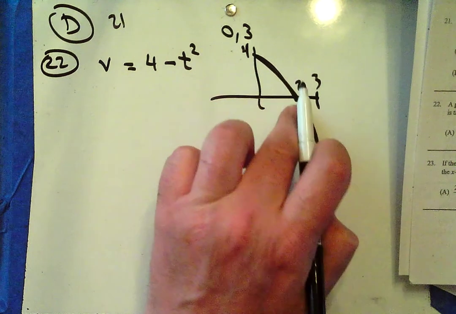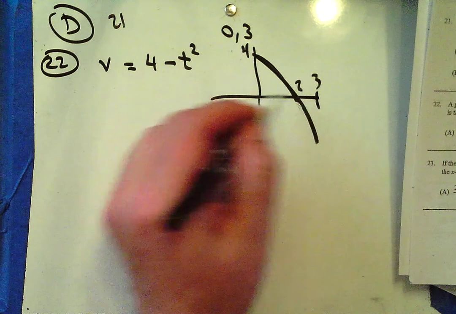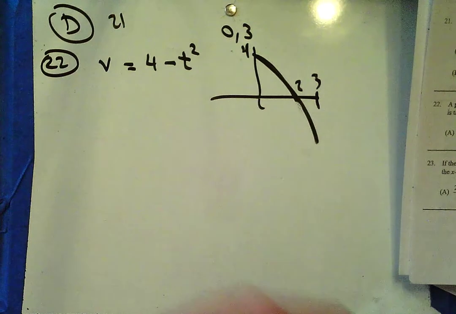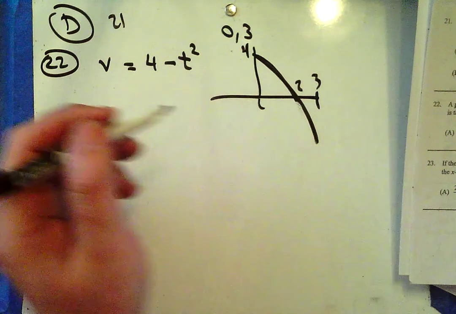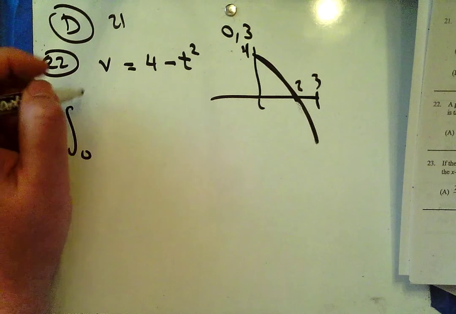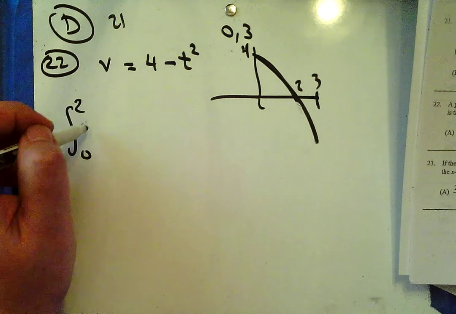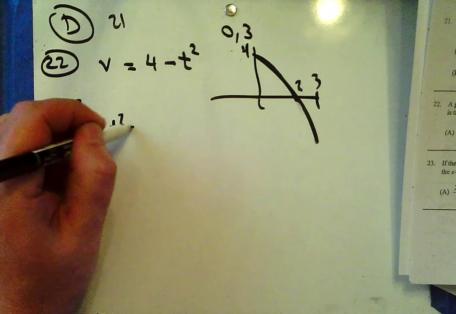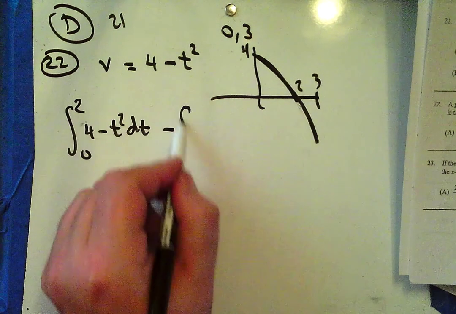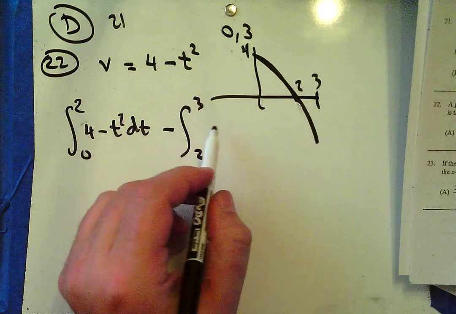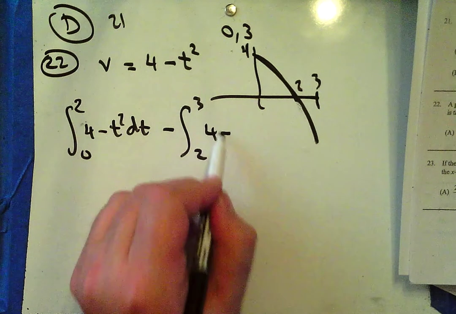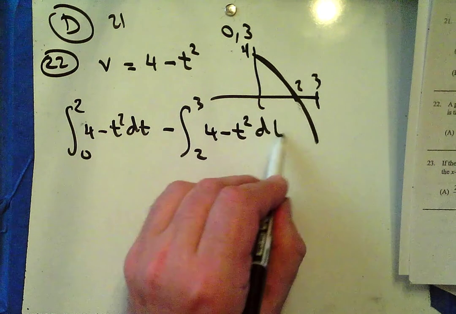And so part of this goes below the time axis, and therefore I need to split this up into two integrals. I need the integral from 0 to 2 of 4 minus t squared dt minus the integral from 2 to 3 of 4 minus t squared dt.